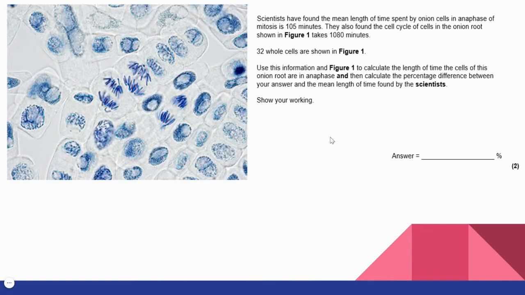Now you have to calculate how much time the cell spends in anaphase and compare your answer with the scientist's results and tell what is the percentage difference between your result and the scientist's result. So first thing that I will do over here is I look at the photomicrograph and find out how many cells out of these 32 whole cells have been photographed at anaphase stage.